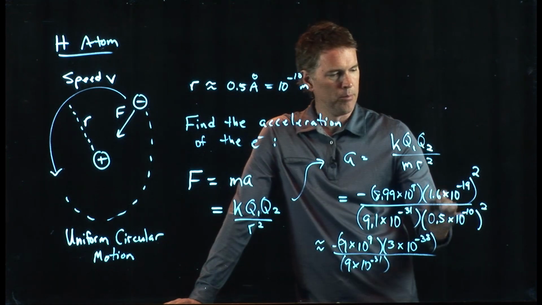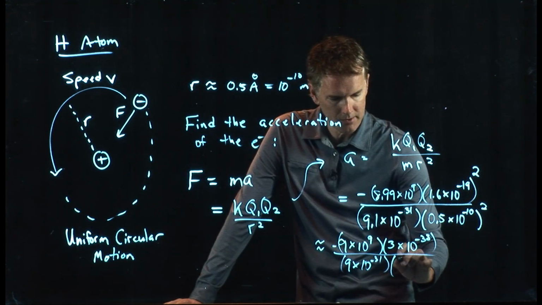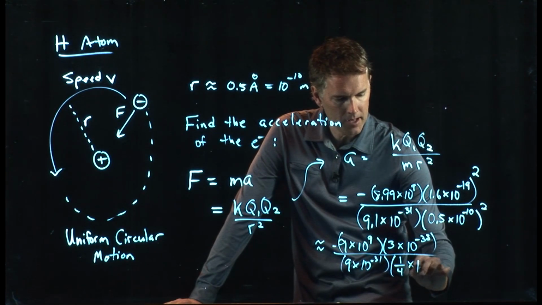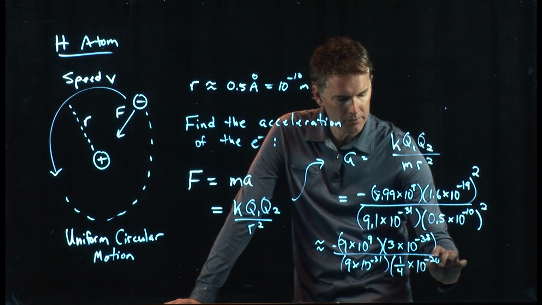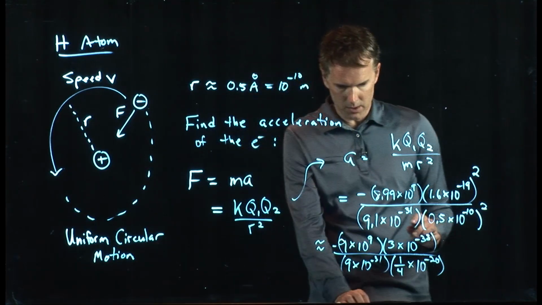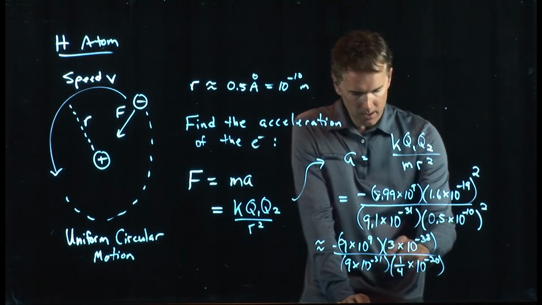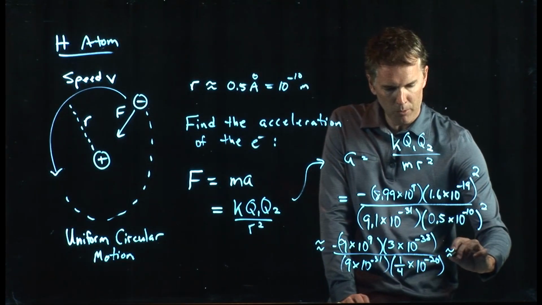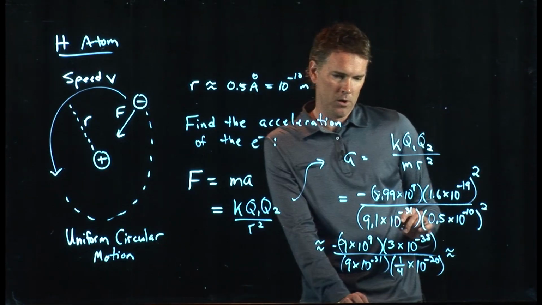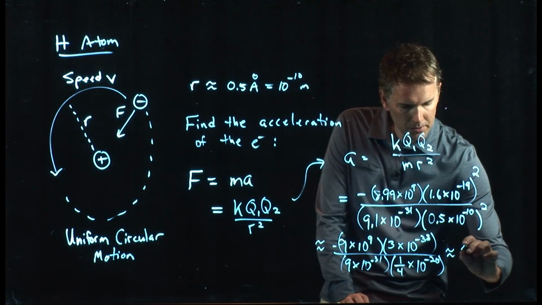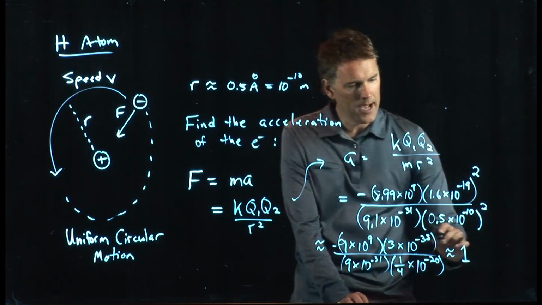And then we have 0.5 squared, which gets us a quarter. And 10 to the minus 10 squared becomes 10 to the minus 20. So if we punch all these in, what should we get? Well, the 9s cancel out. 3 divided by a quarter is the same as 3 times 4. We're a little bit heavy, so let's lower it to not 12, but how about 10?